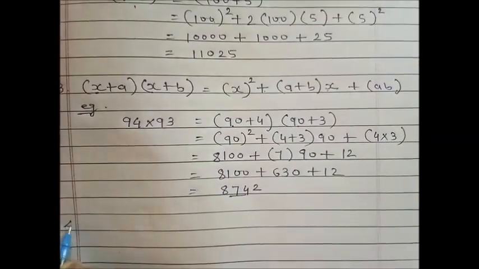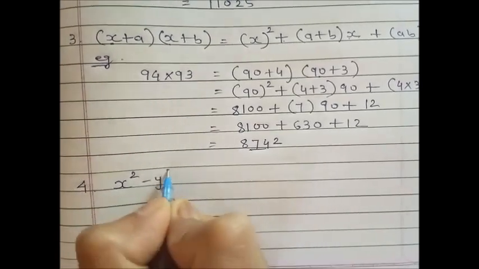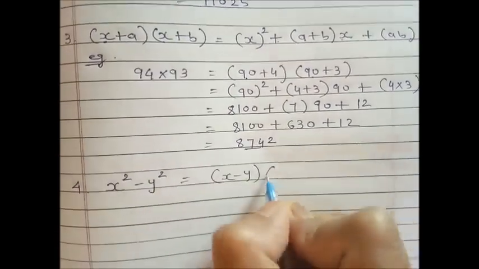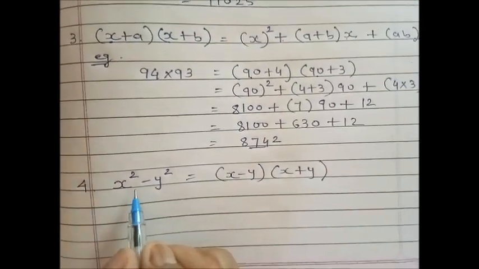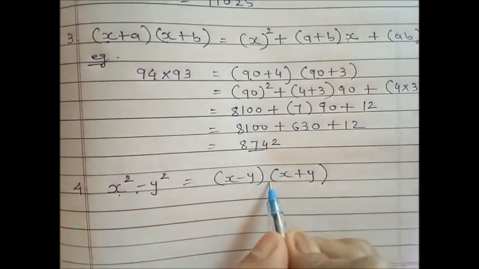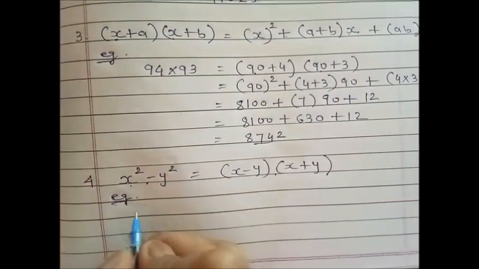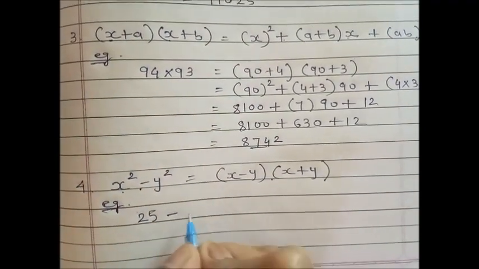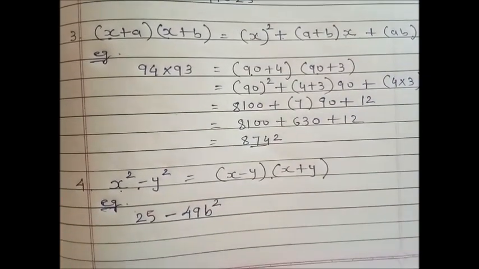Now the next identity is x square minus y square, that is x minus y and x plus y. Not necessary that the question is this only, you can be asked this way also. Let's take an example. For example, 25 minus 49b square, right?